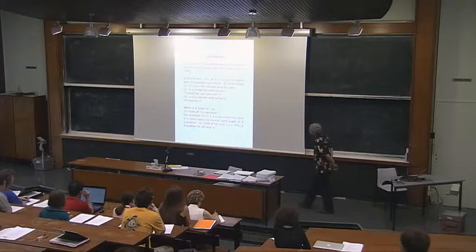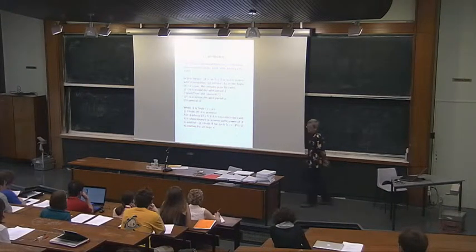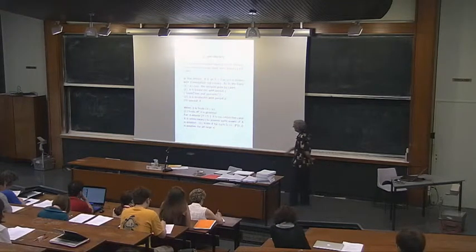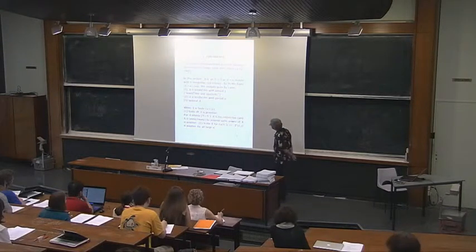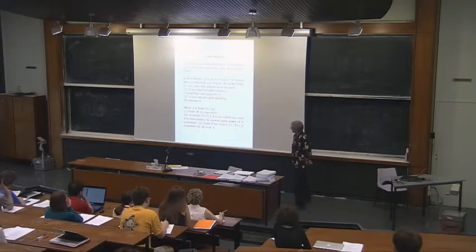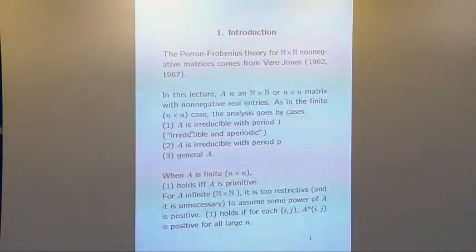So this Perron Frobenius theorem, again, it comes from Vere-Jones, especially his 1967 paper, quite a while back. So in this lecture, A is, again, a natural numbers by natural numbers matrix, or perhaps a finite matrix, with non-negative real numbers. And as in the finite case, this kind of analysis for the Perron Frobenius theory goes by cases.